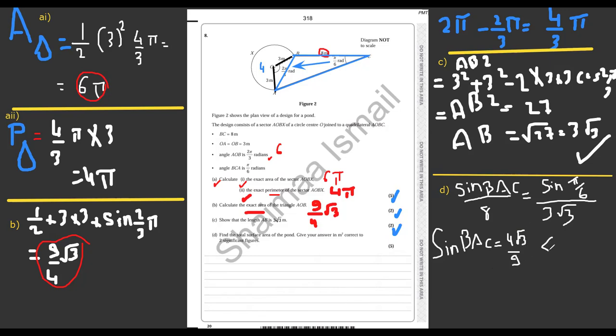So the angle BAC will be equal to 0.87 radians, approximated to 0.88.